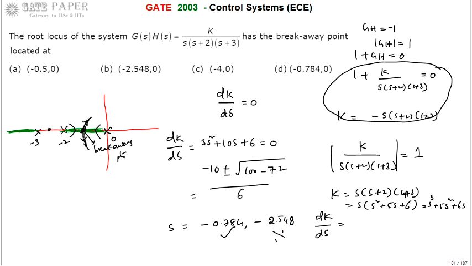So this is not a valid breakaway point. So the right answer is minus 0.784 comma j0. The right answer for this question is D itself. Thank you.